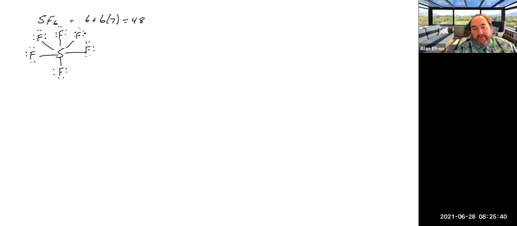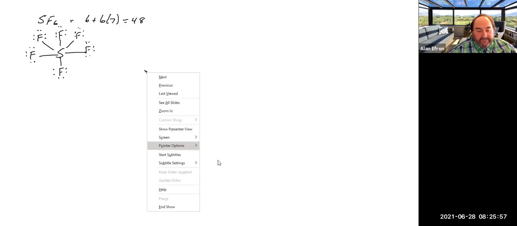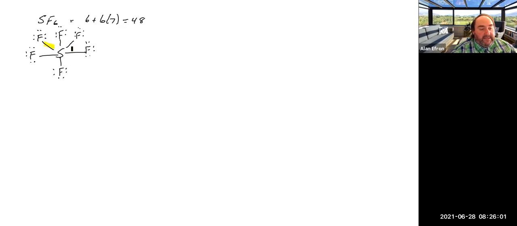At that point, we want to make sure that we have distributed all of our electrons, and we have. Everybody has met the octet rule, especially on the outside. And here we see with our sulfur that we have 2, 4, 6, 8, 10, and 12 electrons around it. Again, it's perfectly okay. It has the ability to do that.